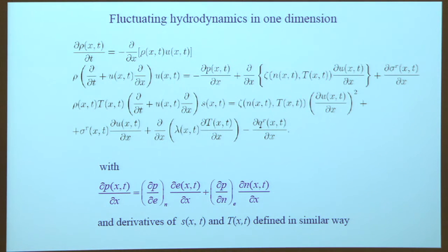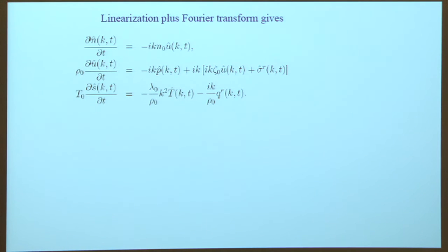And now you can linearize these equations, and you're left with these equations, just linear in time derivatives, and these can be diagonalized. And so this P and this T are linear combinations of n and s, if you like.